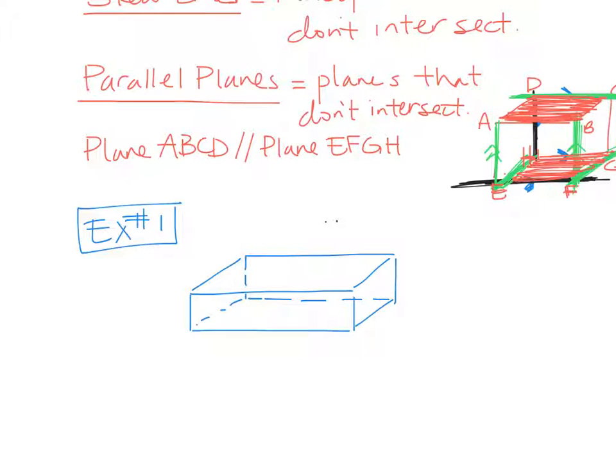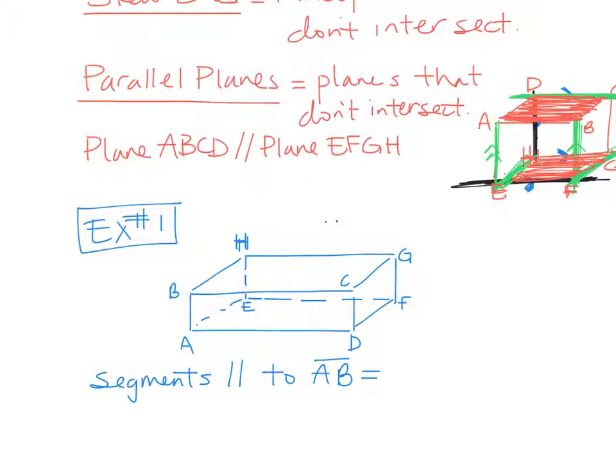So this is A, B, C, D, E, F, G, and H. Can you tell me segments parallel to AB?